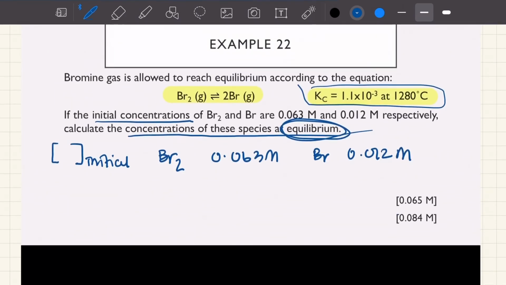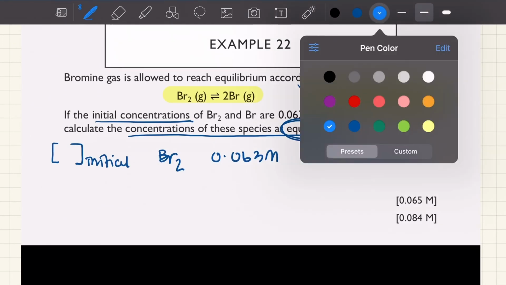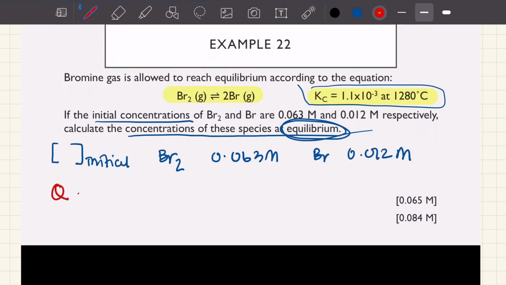So, for this question, ada lagi satu step yang awak kena buat. You have to find the Qc. So, to find the Qc, it will be Br squared over Br2.